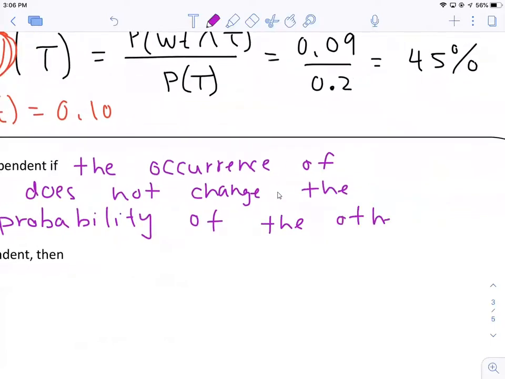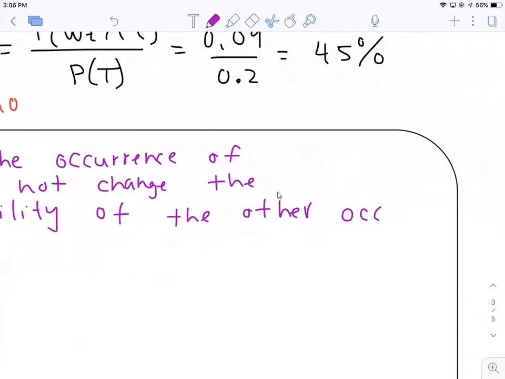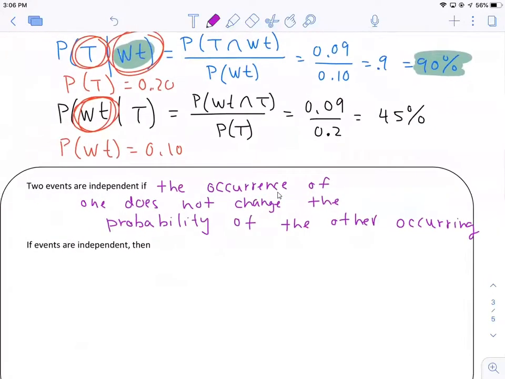Right, and that was the example with the monk and the water bottle, or a die and a spinner, right? Whatever happens with one thing doesn't affect the other.